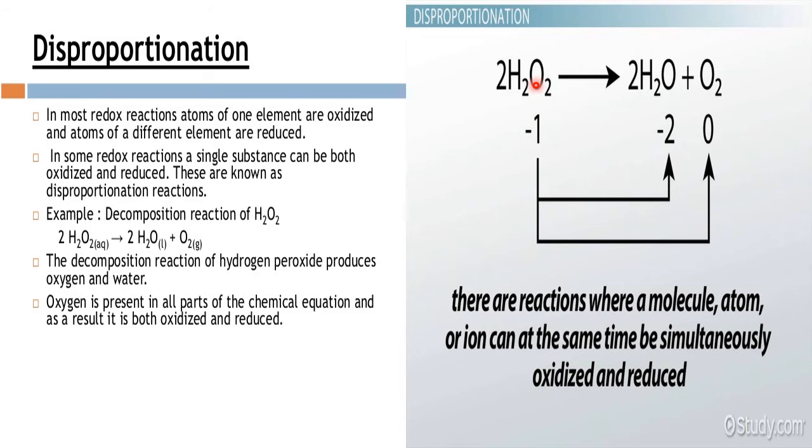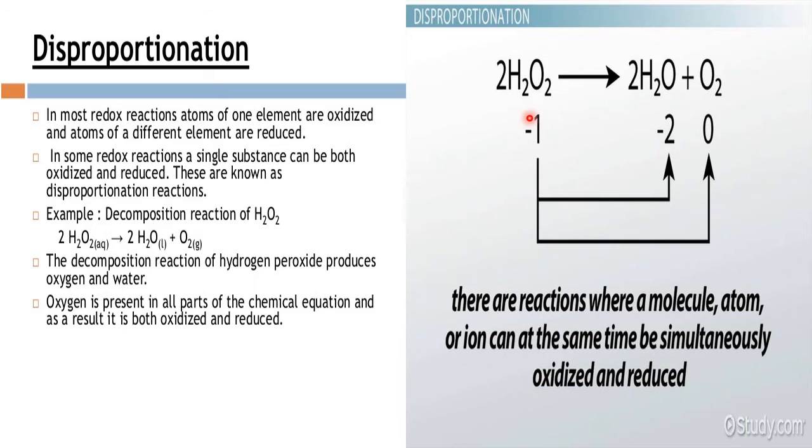O is in the form of peroxide. Please refer to the rules. Normally, in most of the examples, O's ON is minus 2, but here it is minus 1. Only in the case of peroxides or with fluorides, there is a change in the ON in the case of oxygen. Otherwise 99% oxygen is assigned ON equal to minus 2. So here the ON of O is minus 1 because of the peroxide ion.